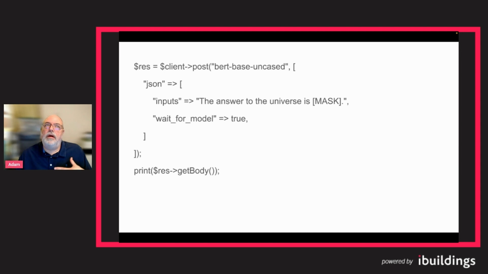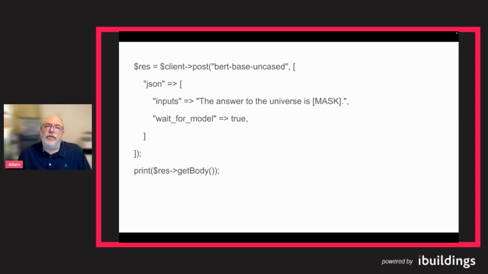But a lot of the common ones, it will start back up when you make a request. So you can either wait for model true, and it will wait for it to spin up, and then it will make the request and then send it back. There's also a wait for model false, which will just give you a 503, right? Service unavailable, and it will tell you that it's starting up the model.